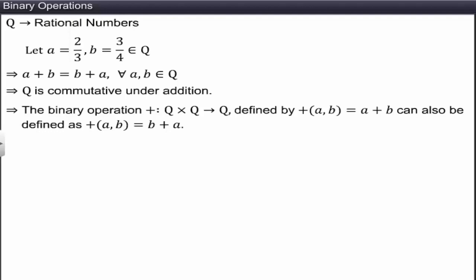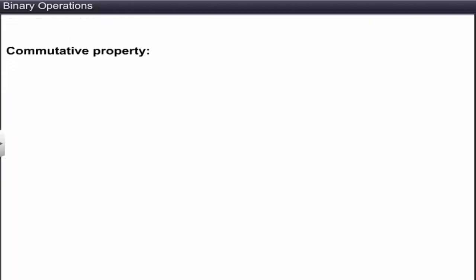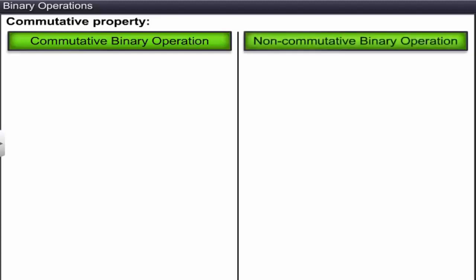This discussion leads us to a definition. A binary operation star on set A is called commutative if x star y is equal to y star x for every x and y belonging to the set A. Hence, the function addition from Q cross Q to Q, defined by plus of (A, B) is equal to A plus B, is a commutative binary operation.